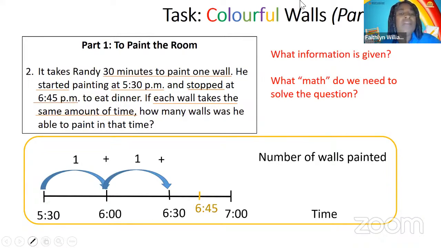But I want to point out Nathan Sutherland's explanation. Very explicit, and to the point. 15 minutes is half of 30 minutes. So a full wall takes 30 minutes. So 15 minutes is a half a wall.